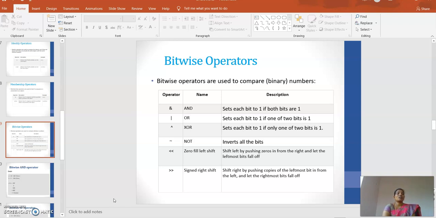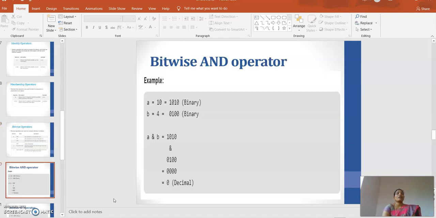Left shift pushes zeros in from the right and lets the leftmost bits fall off. Signed right shift means shift right by pushing copies of the leftmost bit in from the left and letting the rightmost bits fall off.